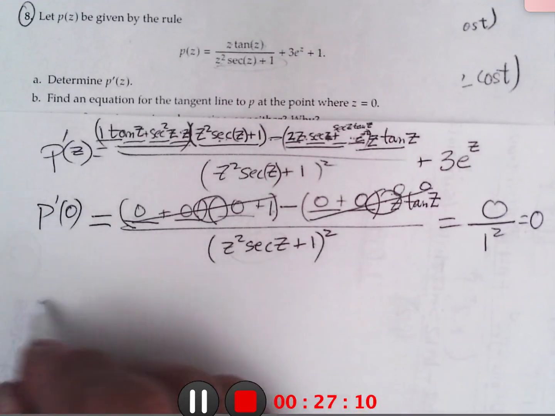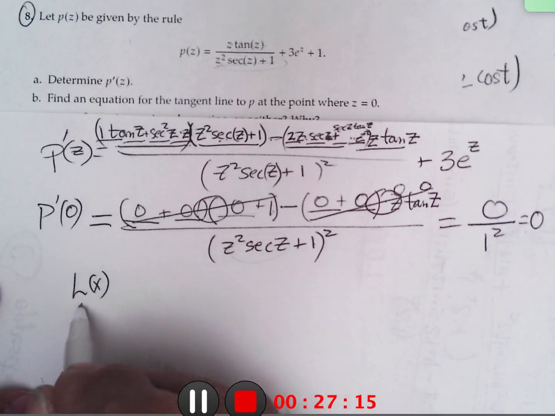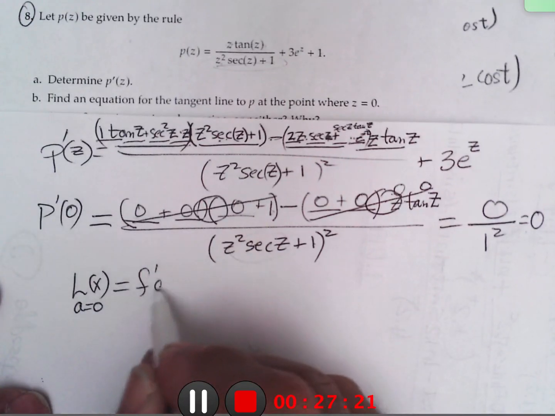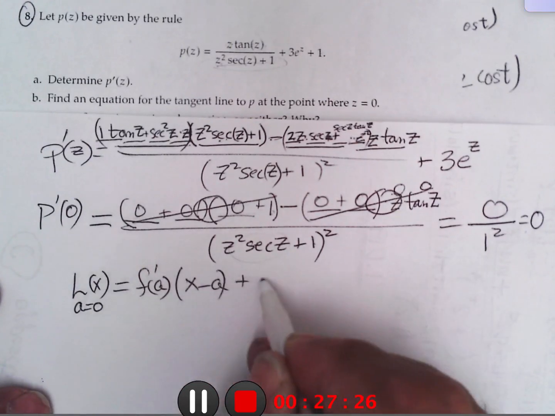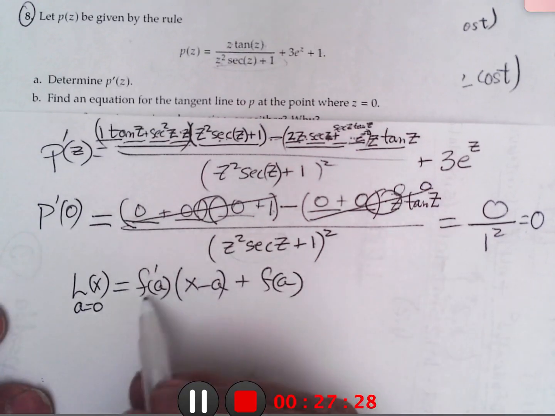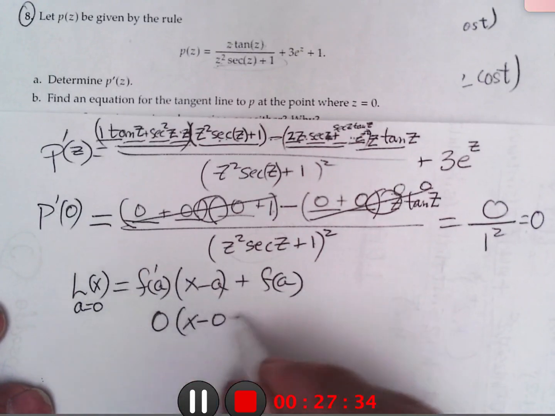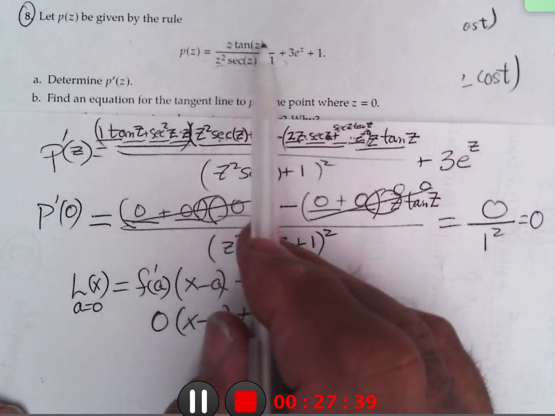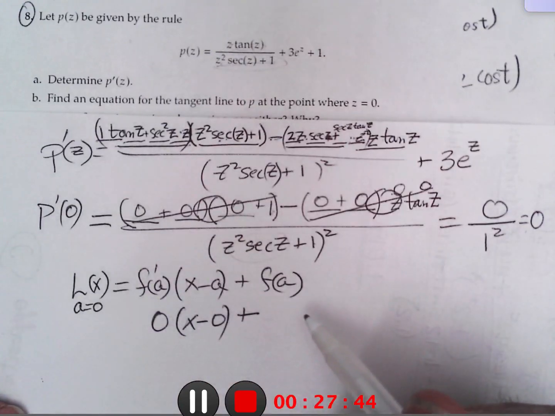So if I want to do the tangent line at a equals 0, it's going to be f prime at a times x minus a plus f of a. F prime of a is 0 times x minus 0, which is 0, plus f of 0. So now I got to put 0 in the original. That would be 0 over 1. Oops, I forgot something here.